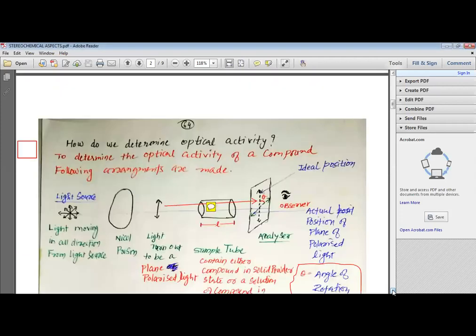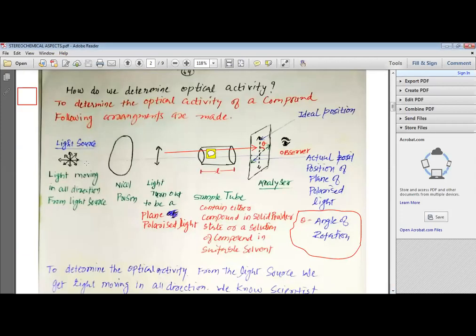We have seen the arrangement of the various instruments in order: the light source and Nicol prism, and then our polarimeter tube, then we have the analyzer, and then the observer observes all this.